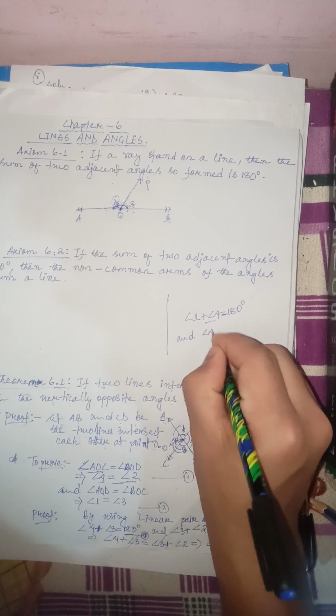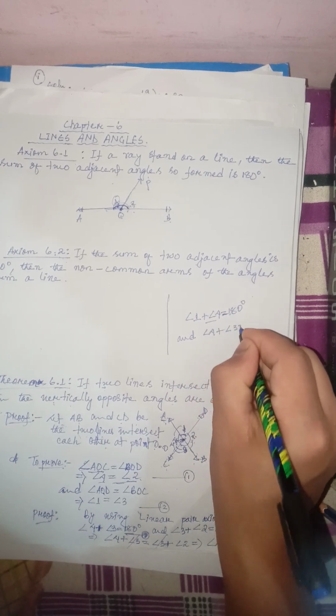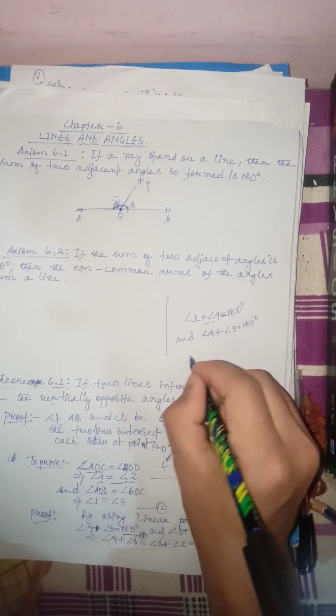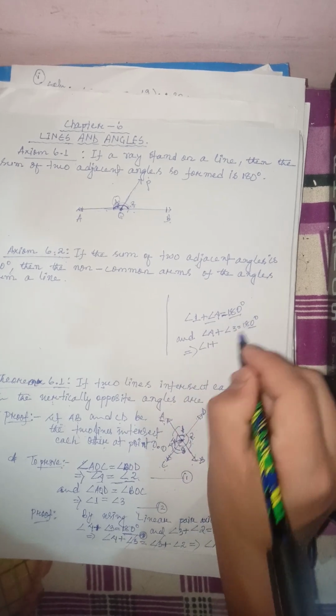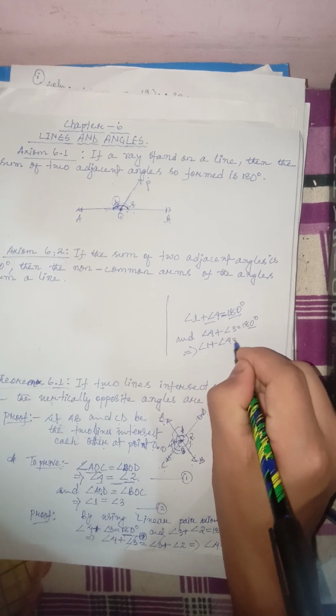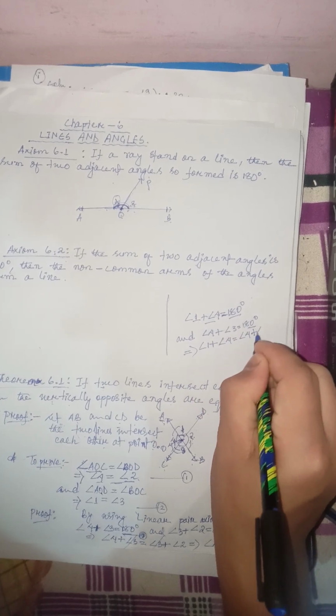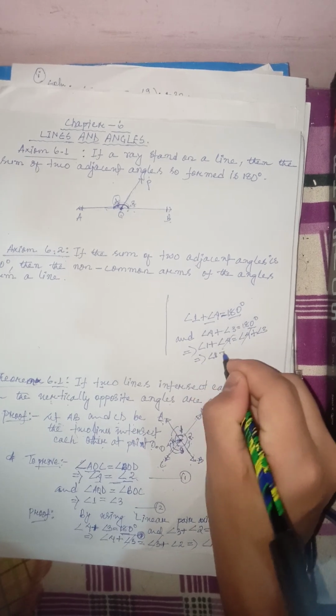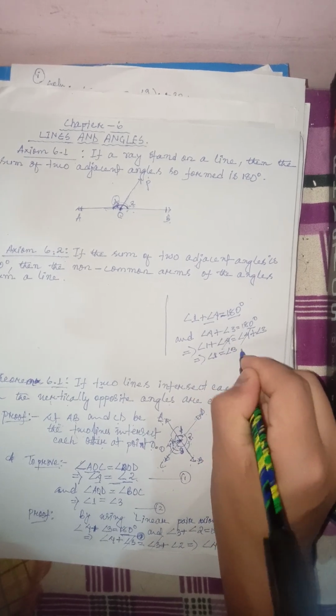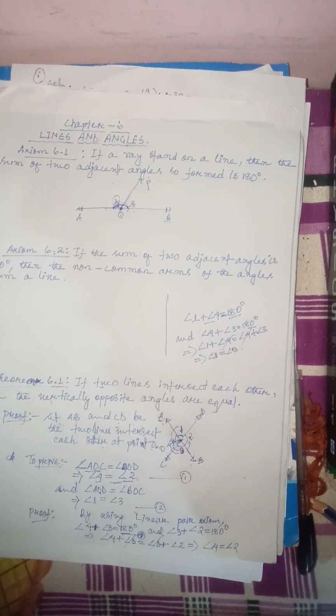And after that, we have angle 4 plus angle 3 equals 180 degrees. Now, if you equate these two, since the right hand side is the same, and cancel angle 4 on both sides, we get angle 1 equal to angle 3, right?